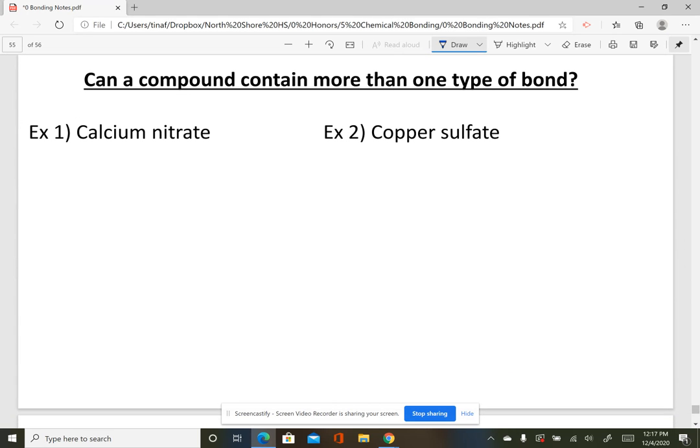Can a compound contain more than one type of bond? Yes, it can. So in the examples that I'm giving to you, I want you guys to think about what the formulas of these compounds are. So when calcium bonds to the nitrate polyatomic ion, the formula looks like this.